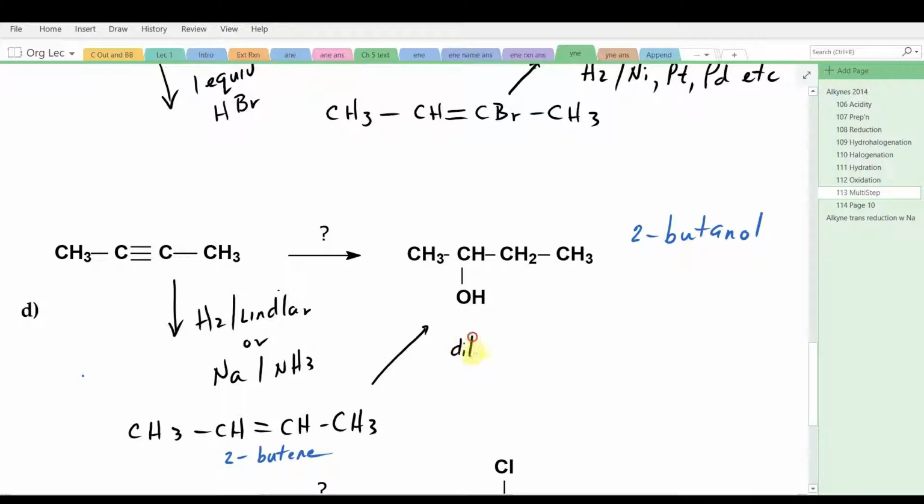Dilute aqueous acid, dilute aqueous sulfuric acid.